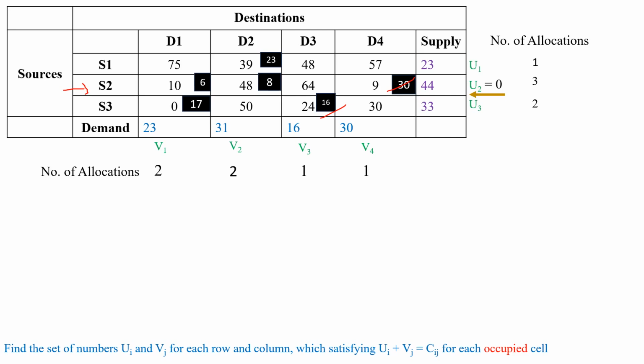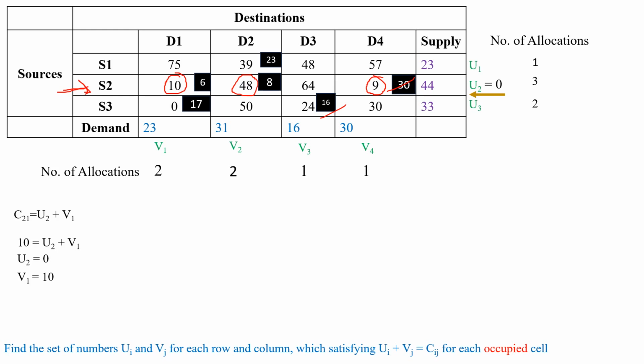Next we have to solve for U2, that is the S2 row. The allocations are S2 row and D1 column, S2 row and D2 column, and S2 row and D4 column. First we solve using Cij equal to Ui plus Vj. C21 equal to U2 plus V1.